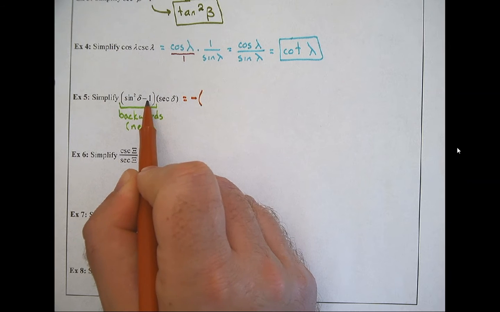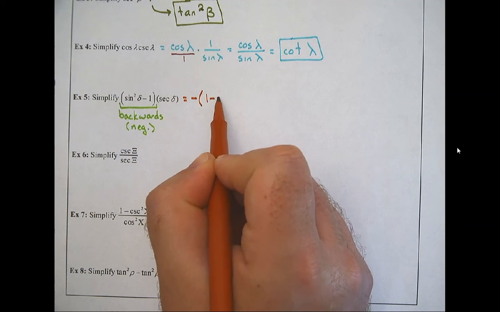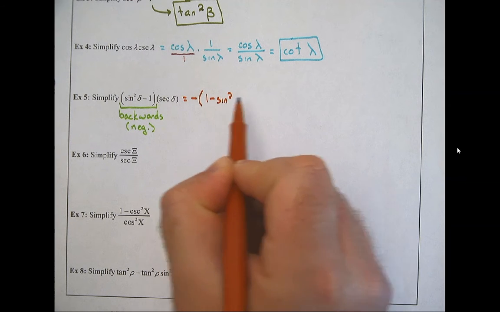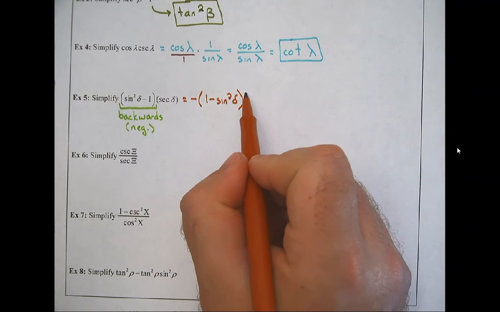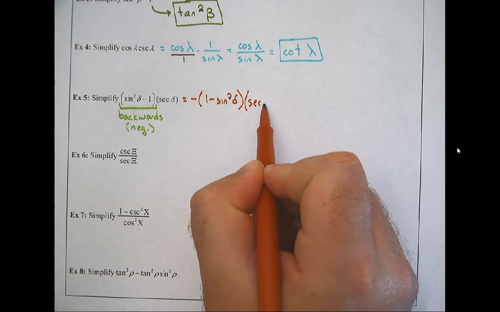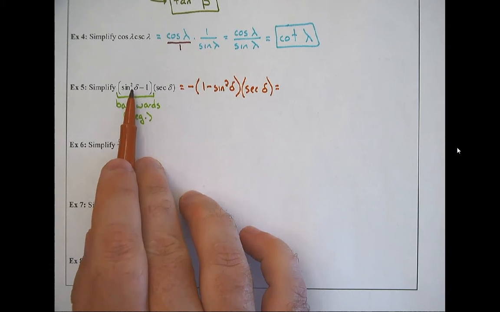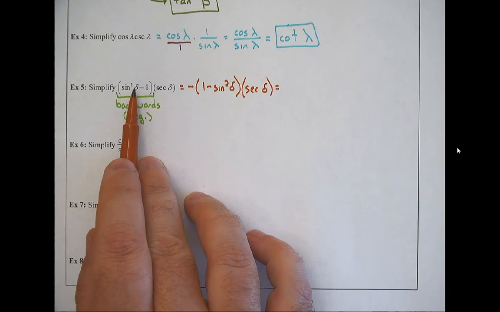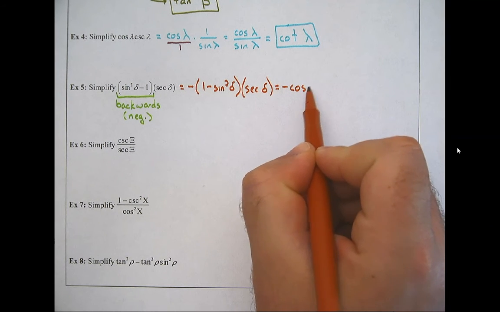If I factor out a negative, then this negative 1 becomes the positive, and the sine squared becomes the negative. That's one way to do it if you want to. What I will usually do is skip this step and just jump right from this. I would say that's backwards, and it's supposed to be cosine squared, so I'm just going to make it negative cosine squared.